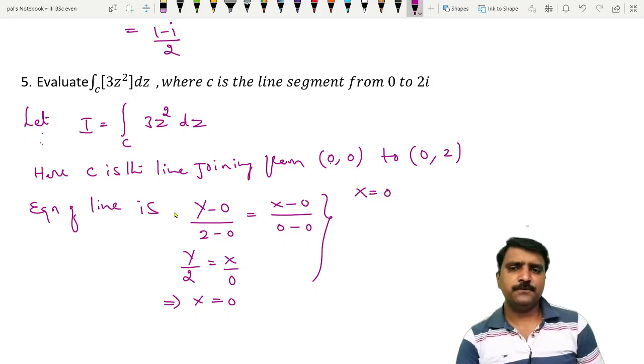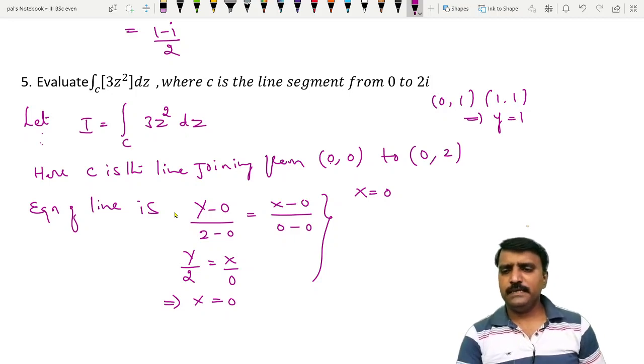Suppose the y coordinate is 1, say points 0 1 and 1 1: here y coordinate is 1, here also y coordinate is 1, so the equation of the line is y is equal to 1. If you go and use the formula, you also get the same answer. So here the equation of that line is x is equal to 0.